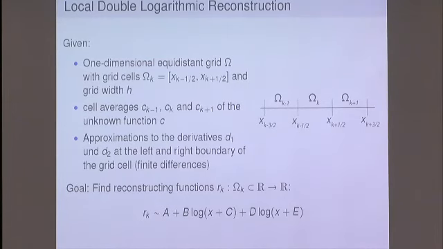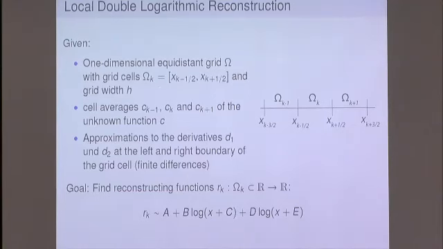So now, what is this type of local double logarithmic reconstruction? This idea was introduced by Artebrant and Schroll, I think at the end of the last century. In 1 dimension, we have here three neighboring cells.